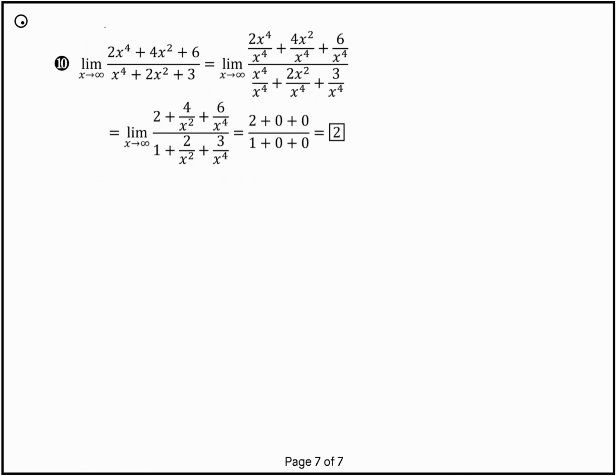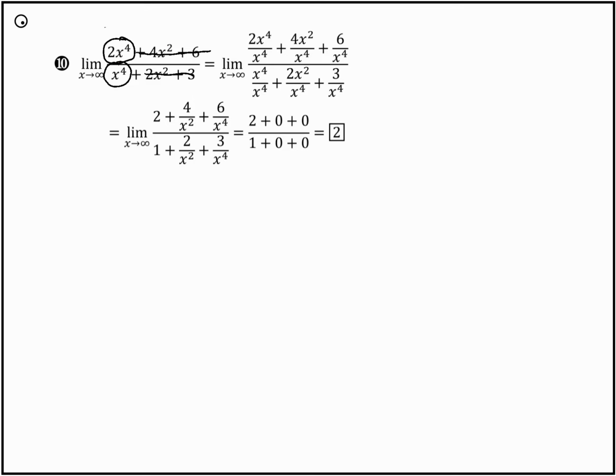Okay, and then let's take this next function and figure out where it approaches as x goes to infinity. So my tip is ignore everything here. Look at just the biggest x's. You have x to the 4th and then x squared. These are all smaller, so ignore these. Just pay attention to the biggest ones.